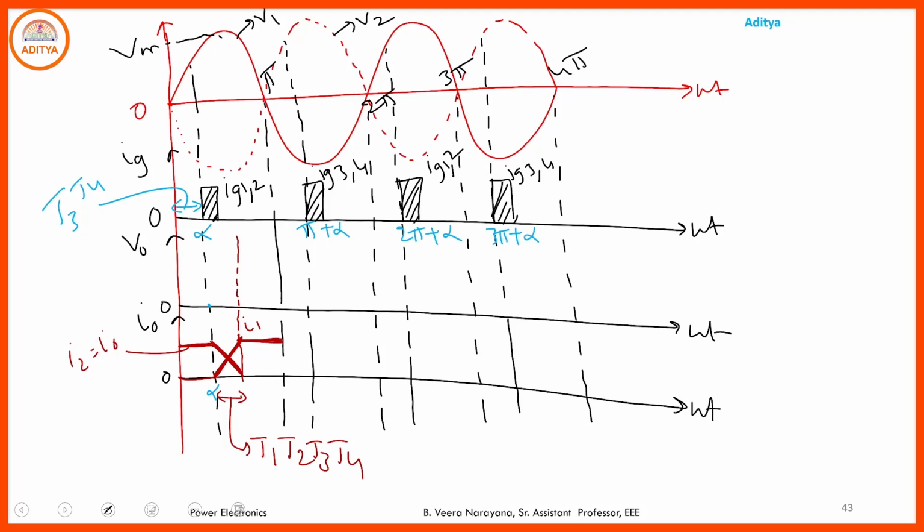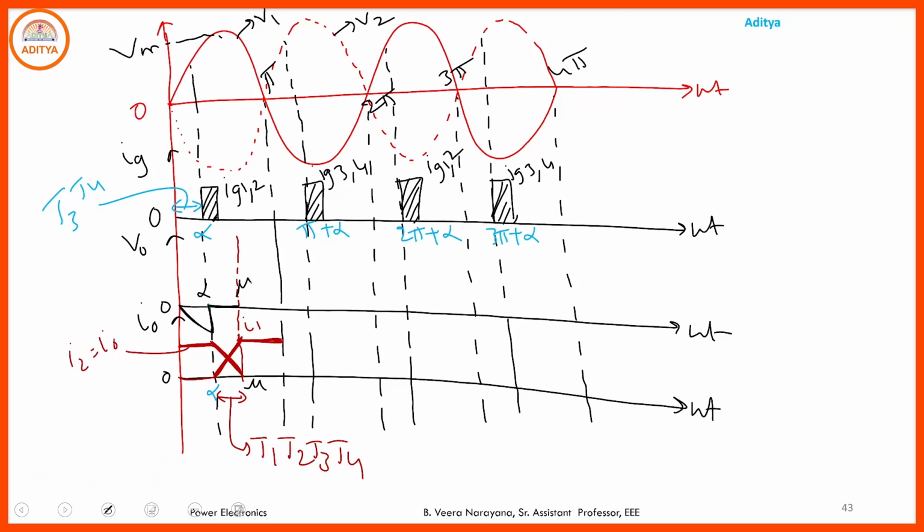So here the output voltage waveform is from alpha to, here this one is considered as mu. The mu is defined as the overlap angle. The overlap angle exists whenever the source has some internal inductance. Due to the presence of the internal inductance, the output current does not immediately transfer from the outgoing SCRs to the incoming SCRs.